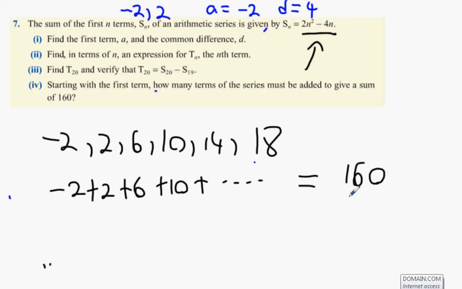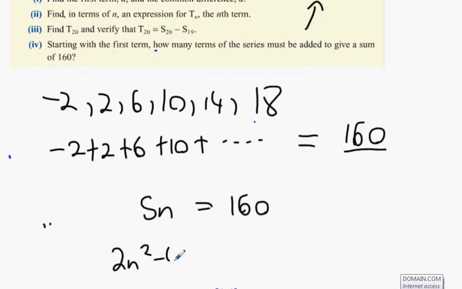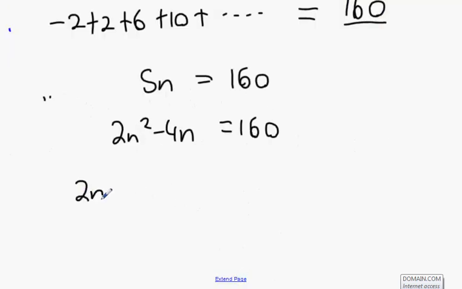To figure this out, when we add a bunch of these together, the answer is 160. That means Sn equals 160. And because Sn equals 160, 2n squared minus 4n equals 160. Bring the 160 to the other side. There are 3 different ways of doing this question.